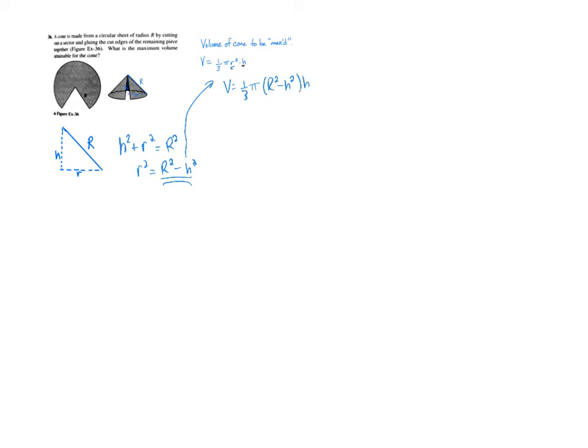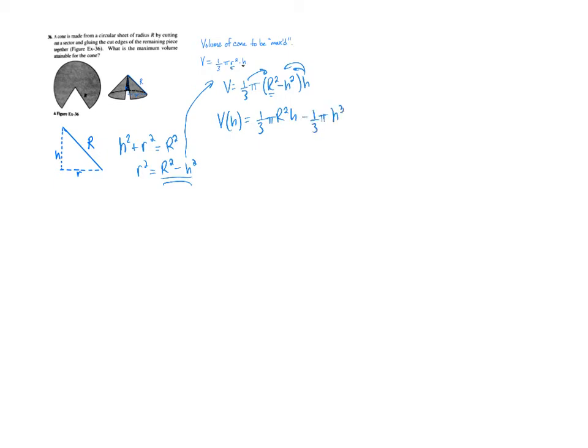Now we could distribute this h in and then distribute the 1/3 pi in, and we would get a volume formula strictly in terms of h, which is the thing that's changing, and this big R, which is a constant. So we'd get 1/3 pi big R squared h minus 1/3 pi h cubed.